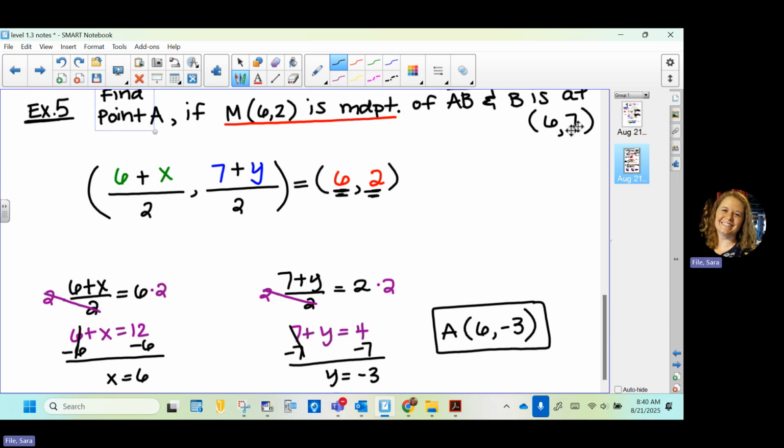And then say, okay, if my endpoint's at 7 and the middle's at 2, that means I'm coming down from 7 to 2. I went down, how many? 5 from 7 to 2, and then go down 5 more from 2, and that would put you at negative 3. So some of you can visualize or just count that and get the same thing, but I want you to see algebraically how that works with a formula.